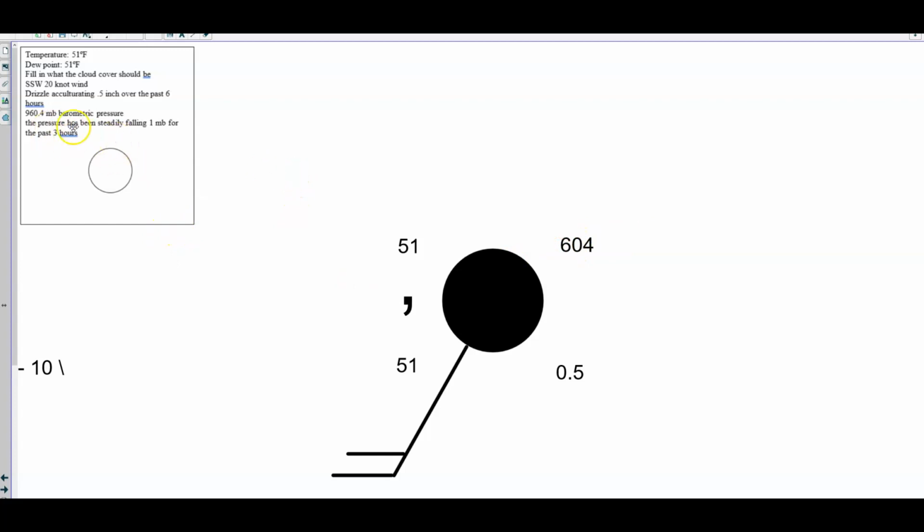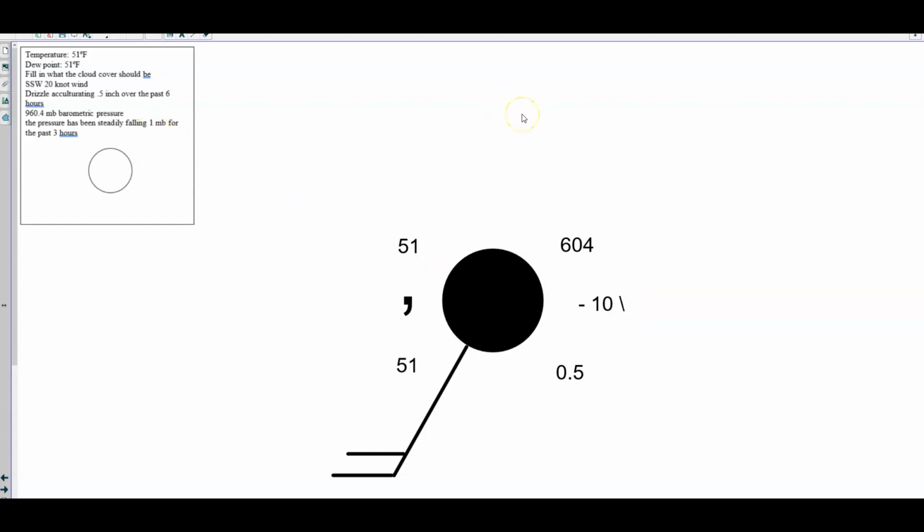And then finally, the last thing we did on the worksheet was we looked at how to talk about barometric tendency. So it's steadily falling. Falling means we're going to need a negative symbol. Steadily is the line, and because it's falling, we want it slanting this way, not the other way. And then what do we do with this 1?